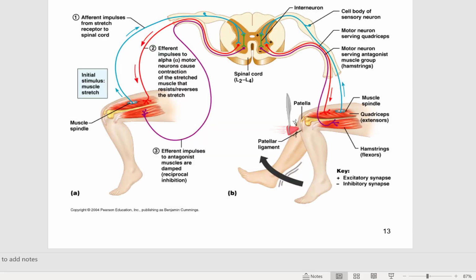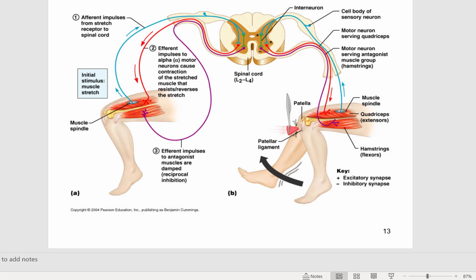Yes, on slide 13 of your peripheral nervous system lecture shows you the knee-jerk reflex arc, all labeled, pretty little colors. On the left side, picture A of slide 13, it shows you the initial stimulus, the afferent signal. And then on the B side, on the right side of that slide, it shows you the response with the quadriceps muscle group contracting, and you see the person's lower leg extend.